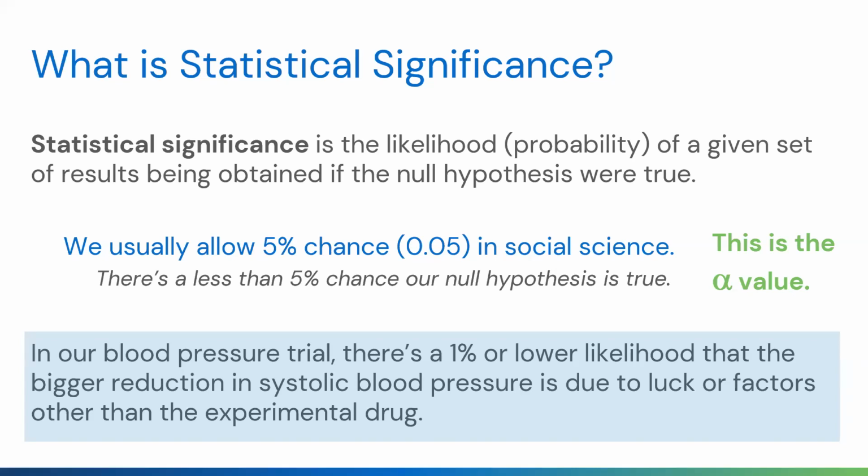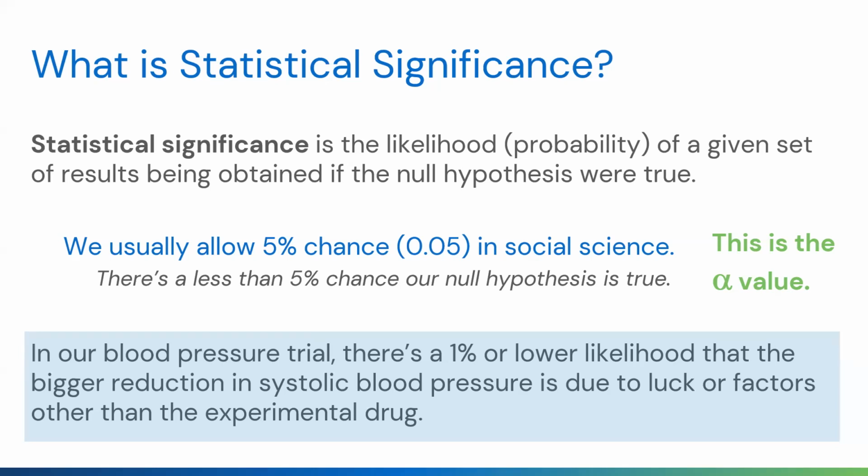Okay, that's fine. So in our blood pressure trial, you'll note that we had a p-value of 0.01, or 1%. So there is a 1% or lower likelihood that the bigger reduction in systolic blood pressure is due to luck or factors other than the experimental drug. So when you see a p-value and are interpreting statistical significance, that's all that really means. That's that alpha value, that statistical significance or cutoff.